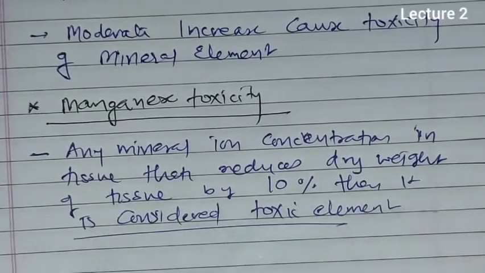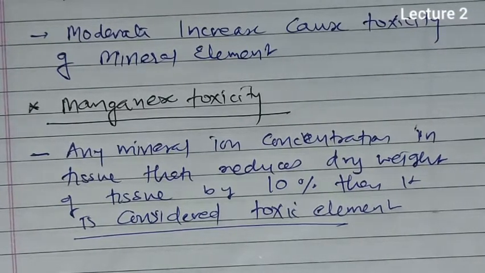Manganese is one of those toxic elements that reduces the dry weight of a plant by 10%.